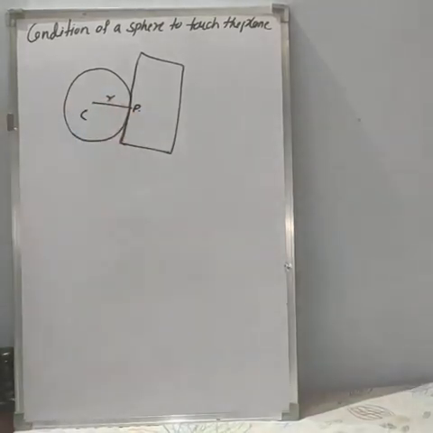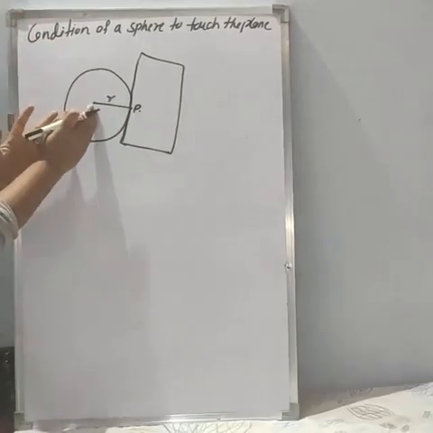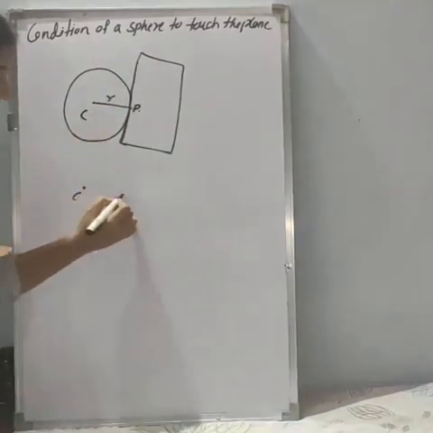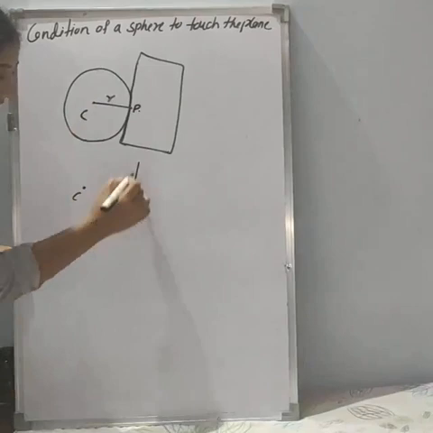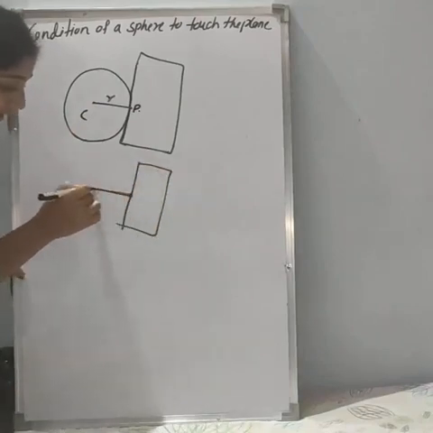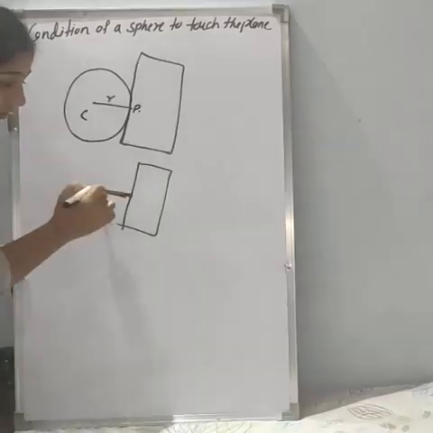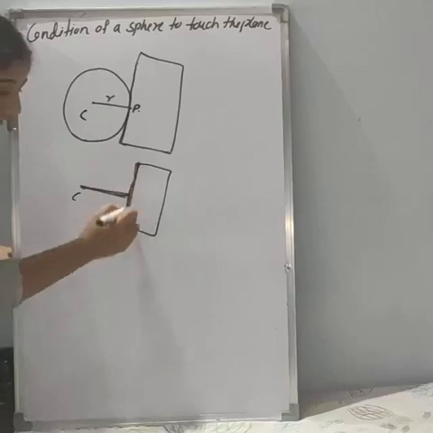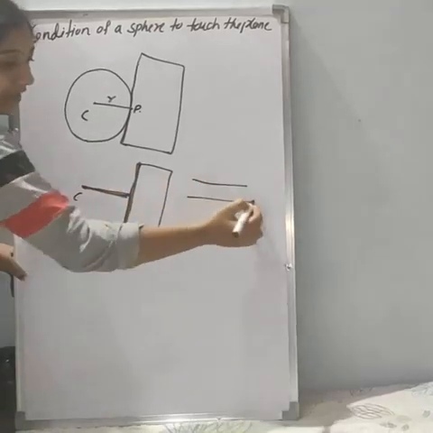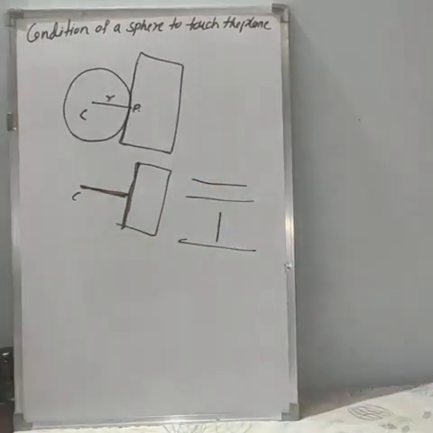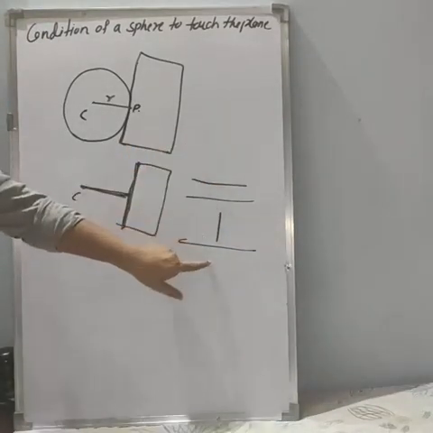Now if you see the perpendicular distance from the center of the sphere to the plane, this is the center C and this is our plane P. If you draw this line, this is the perpendicular distance from the center to the plane. We know that these two lines are called parallel, and these two lines are called perpendicular.